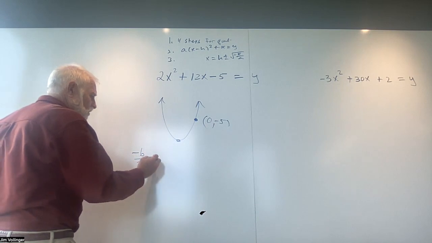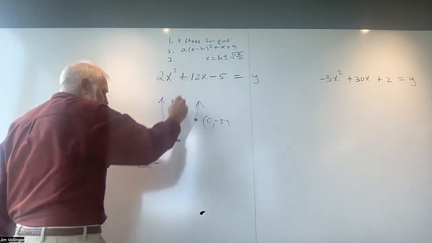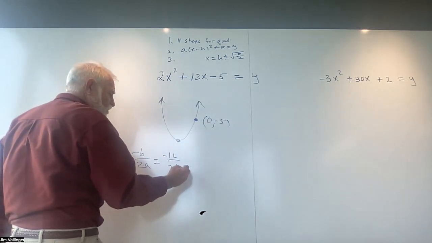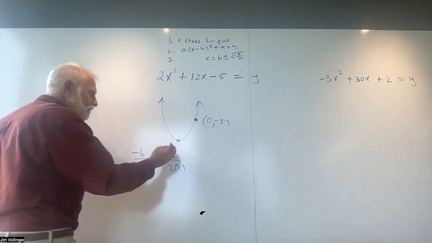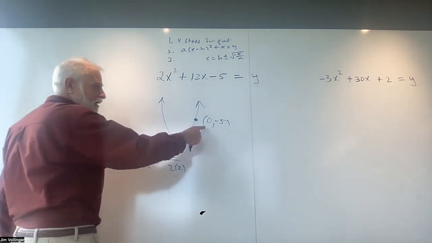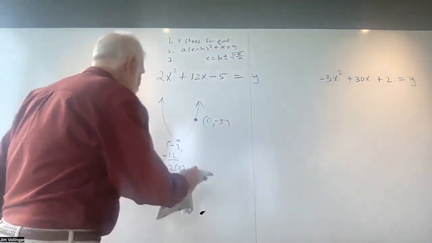At this stage, we're just going to do it mechanically. So minus b, b is positive 12, so minus 12 over 2 times a, which is 2 times 2, gets me -3. That looks good because it is to the left of 0. That's step 3.